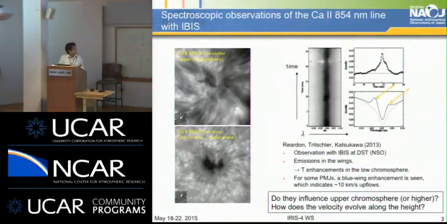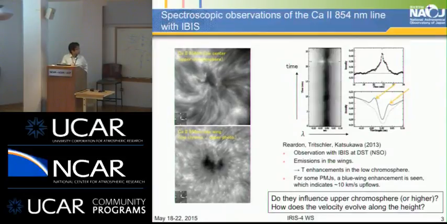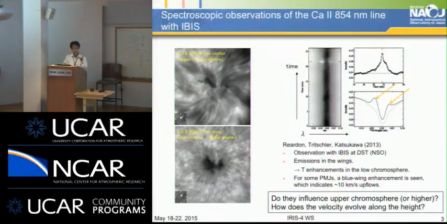We also made a study using IBIS at DST to find the spectral signature of the penumbral microjet. We found Ellerman bomb-like spectral profiles in the calcium II lines, and in some cases we found the blue wings enhanced, suggesting upward flows, but the velocity is 10 kilometers per second.